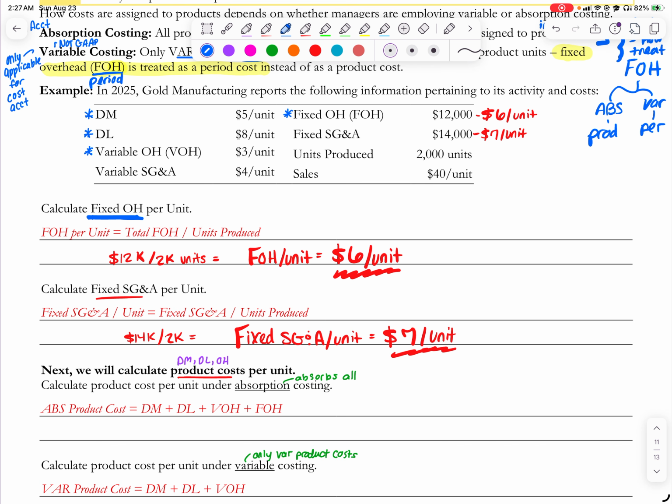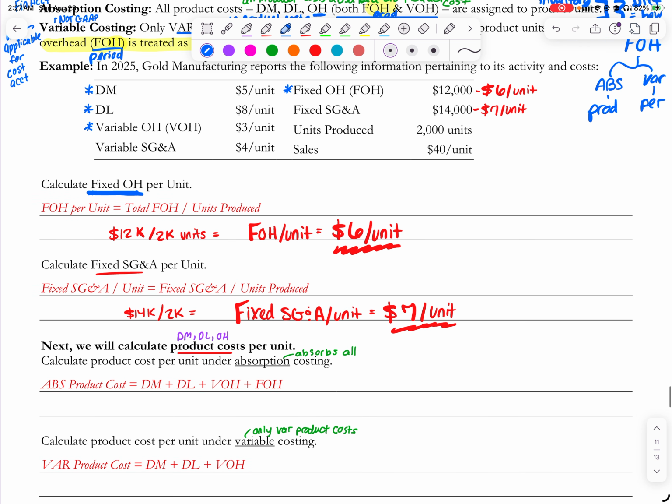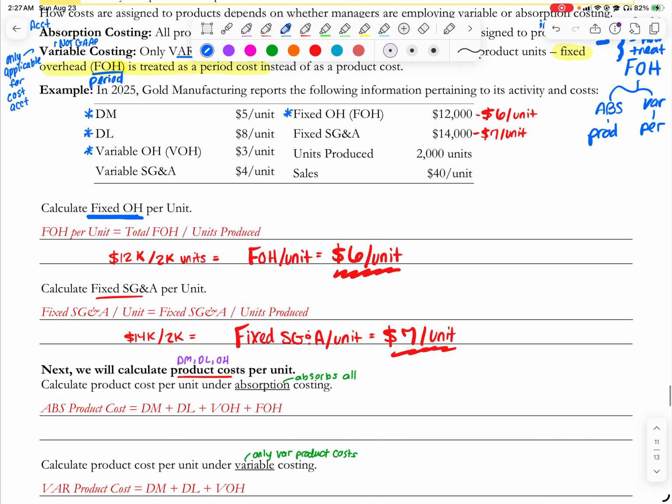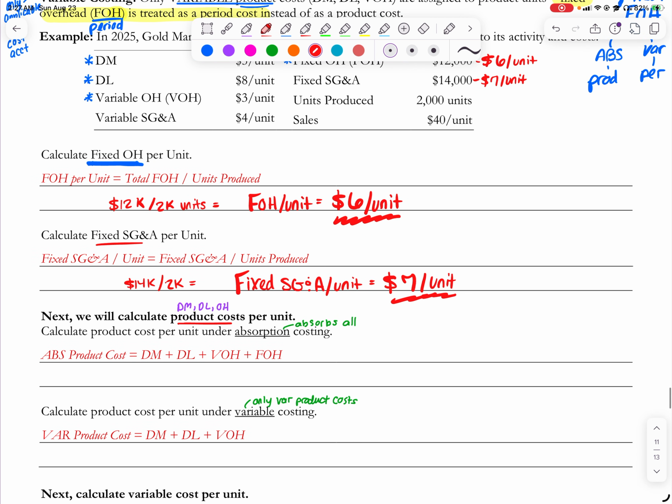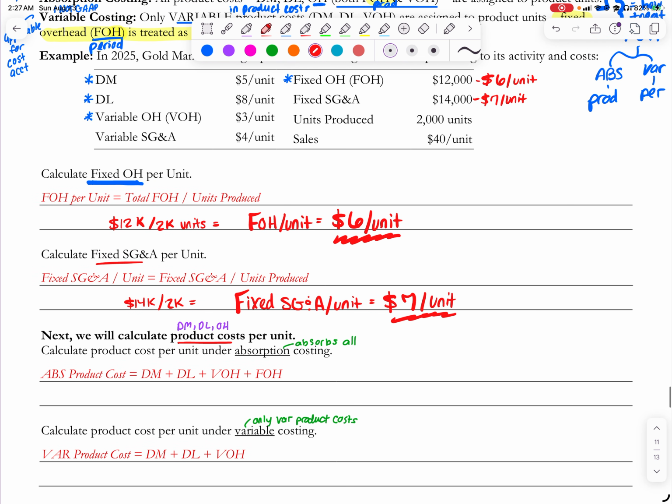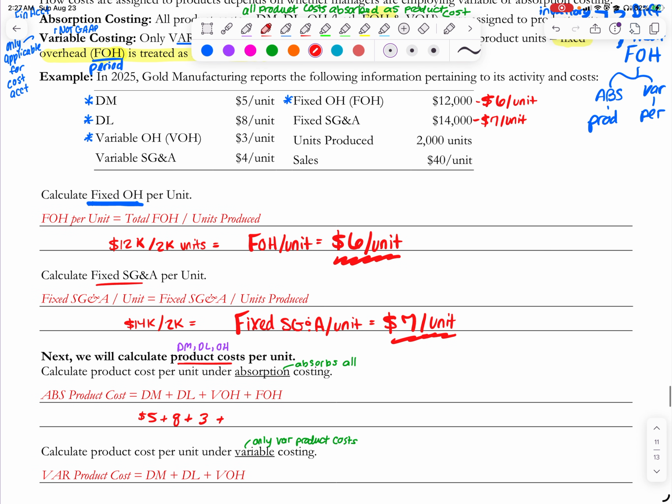Absorption and variable costing, though, implement their own rules over these. Absorption does treat all these product costs like product costs, so it would treat that $5, $8 for direct labor, variable overhead of $3 per unit, and fixed overhead, need that also in per unit terms, $6 per unit.